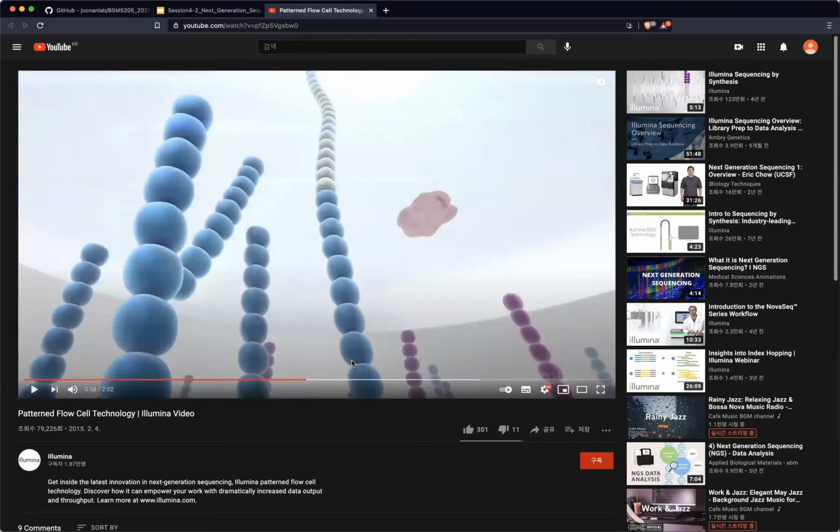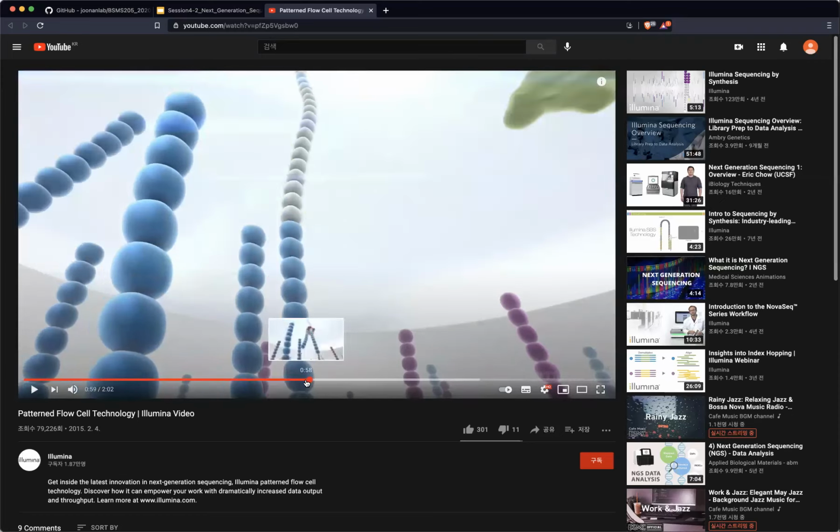Then once it's bound to the primer station, it will start the DNA sequencing. So if you see here, from the other strand of the primers, the synthesis starts, right?